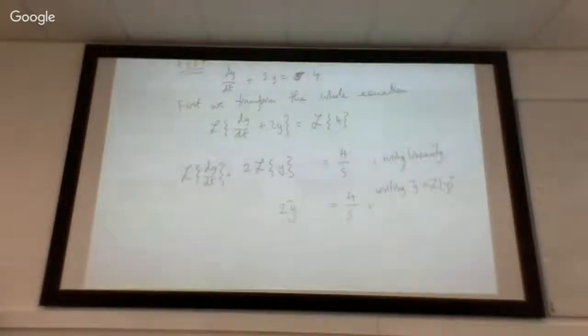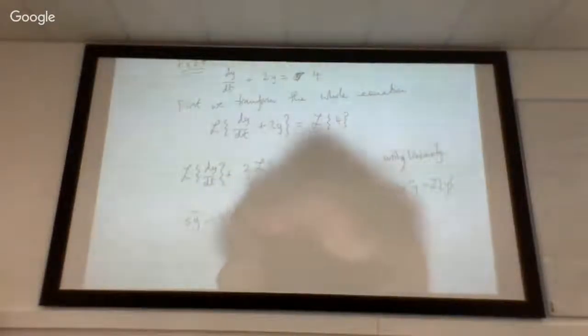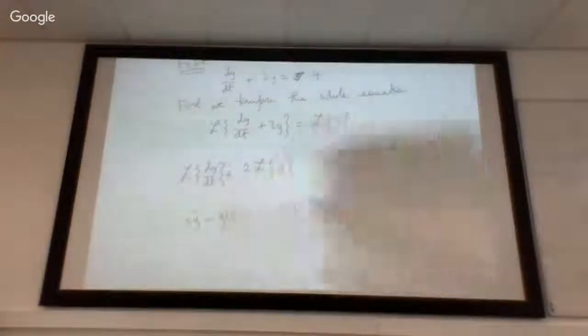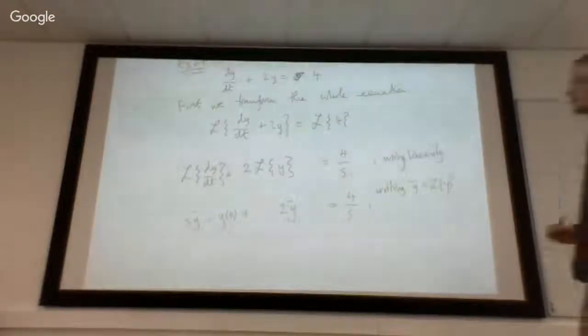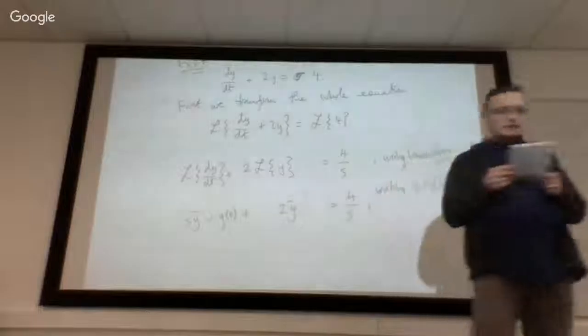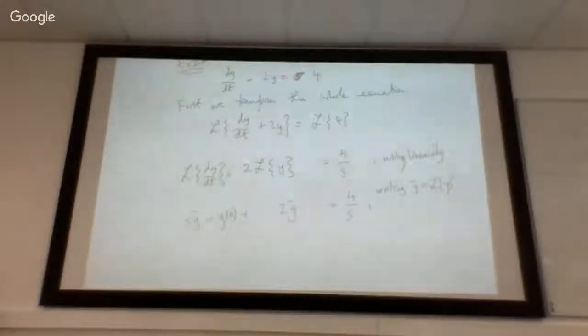Okay? So using theorem 2.3, the Laplace transform of the derivative of y is s times y bar minus the initial value, y of 0. Okay, so we now have that equation. Were we given the initial value in the problem?